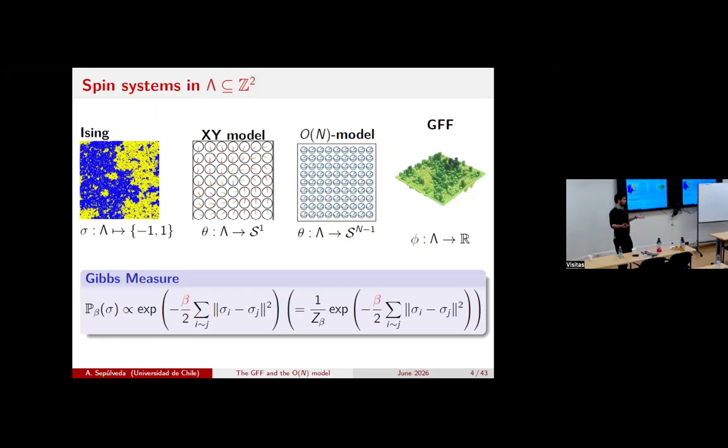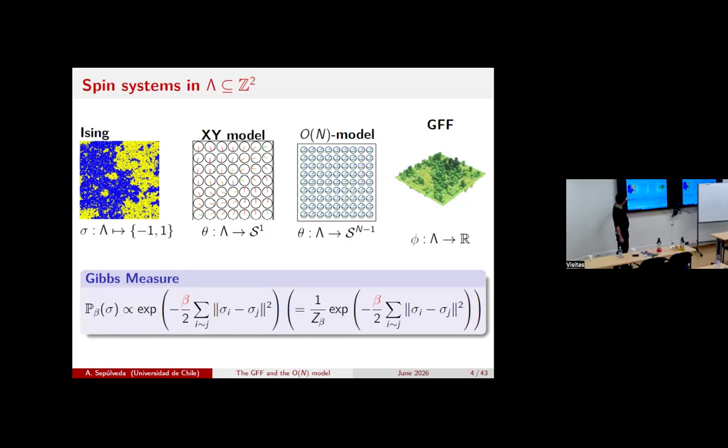All of these models share the fact that they are defined using the same energy function, the Dirichlet energy. It's the sum of the discrete gradients squared, with a 1/2, because we are Gaussian, so we like the 1/2. And it is modulated by a parameter beta.